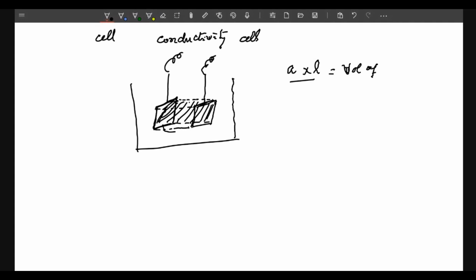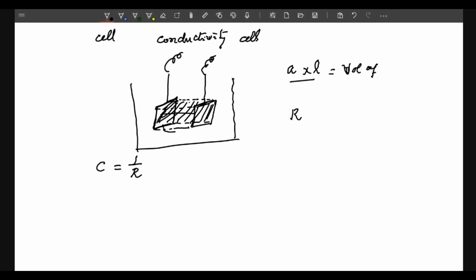And the conductivity, as we have seen, is the reciprocal of the resistance. And here the resistance is directly proportional... ions are moving from one electrode to the other electrode.